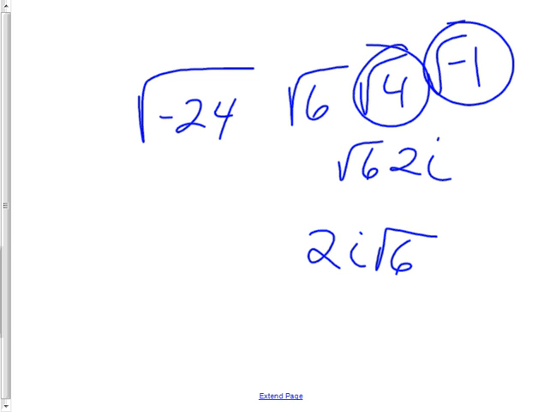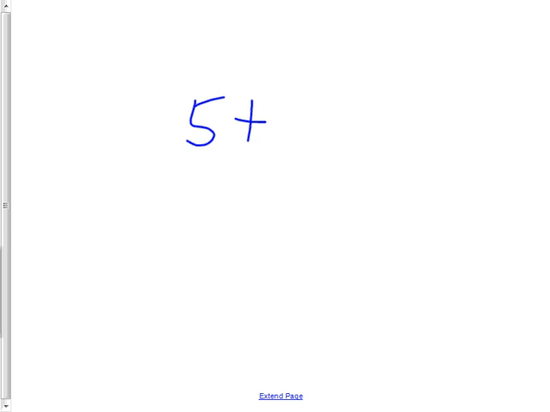All right. By the way, if you're ever adding 2 numbers, which do you think comes first, the real part or the imaginary part? The real part. So if you have 5 plus 3i, I've written it correctly. Now, if I write 3i plus 5, I get it marked wrong, because this is what's called a complex number.